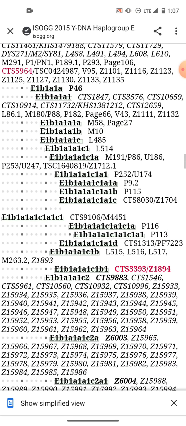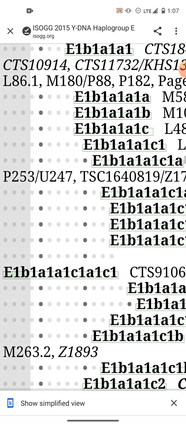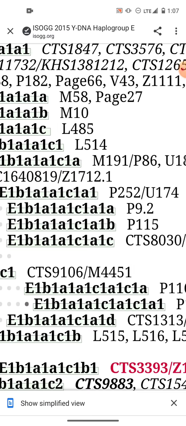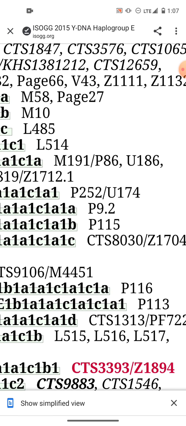So here go my group, and we have M191/P86, other defining mutations, a part of my branch that is associated with U186, as well as other defining mutations.